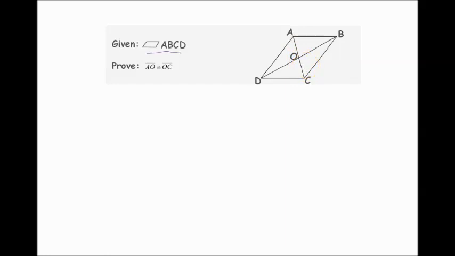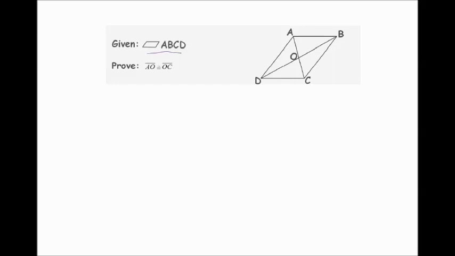Now, the other thing I can do that would be very quick is I do know that in every parallelogram the diagonals bisect each other, but I'm going to pretend that I don't have that, because I just want you guys to practice using some more properties of parallelograms.